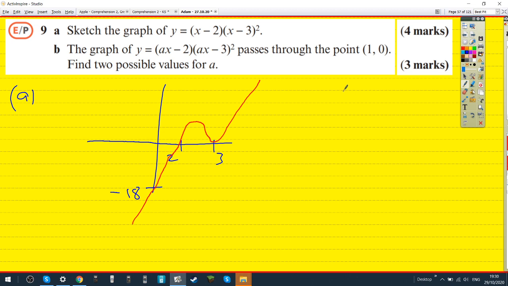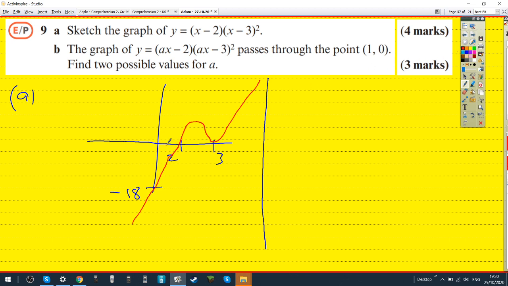So do we work out the graph first? We've already got it worked out. So we have the graph. So now it goes through the point 1, 0.